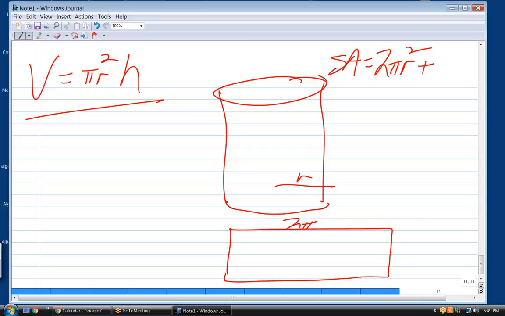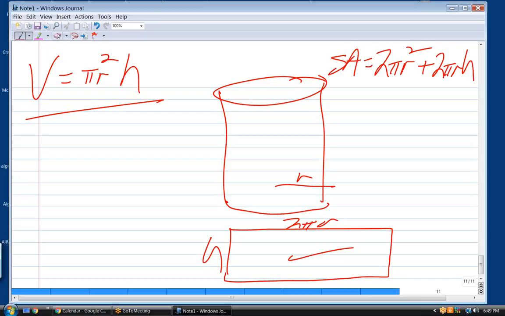So this is 2 pi r, and this is the height. In other words, if I unpeel this can and break it open, I end up with a piece of aluminum that has those dimensions. So surface area is 2 pi r squared, that's both bases, plus 2 pi r times h.